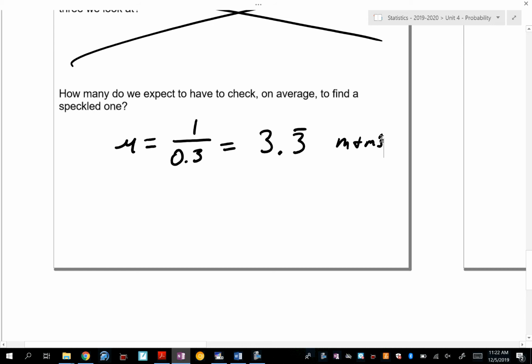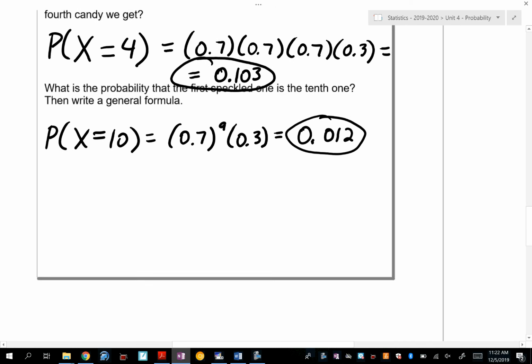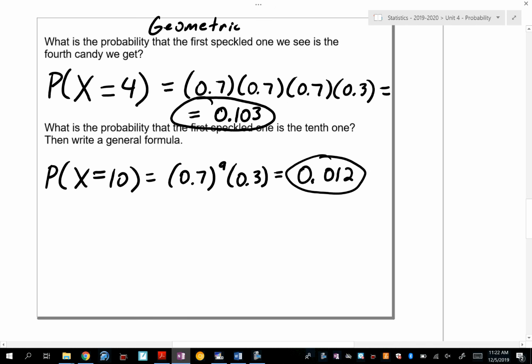It's just you went past what I thought was going to happen. But hopefully in your brain, that solidifies why this number was so low for waiting until the 10th one. Because really we're expecting by the 3rd or the 4th one, they've got their first groovy one. Okay? Everybody good on the geometric example here?